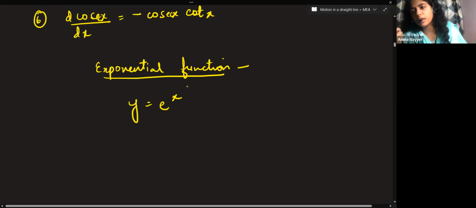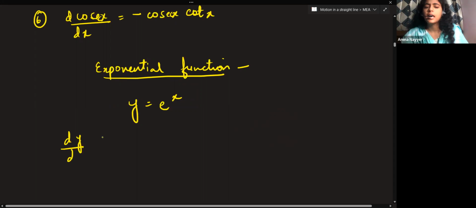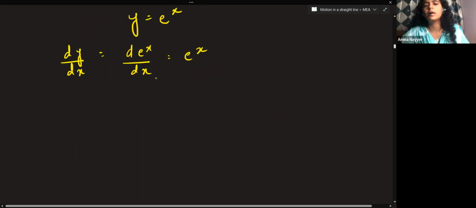So x is in the exponent, y is equal to e to the power x. So you are differentiating what? dy over dx. So in case of exponents, everything remains as it is. Means dy over dx, that is d e to the power x over dx. This gives e to the power x. So in case of exponential function, whatever is the function given, that will be your answer. Same, it will be your answer.